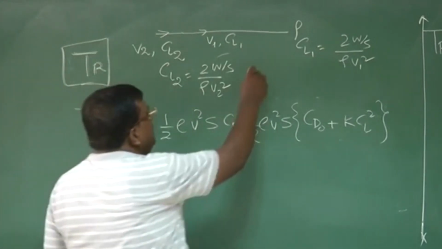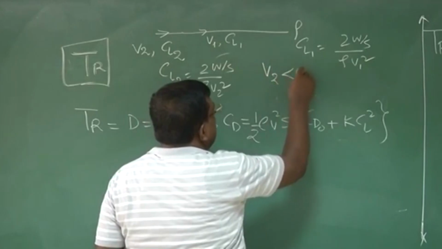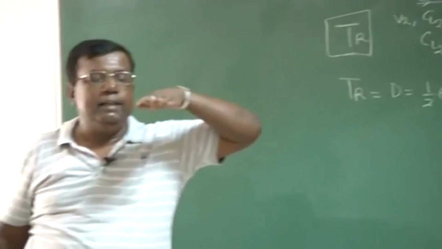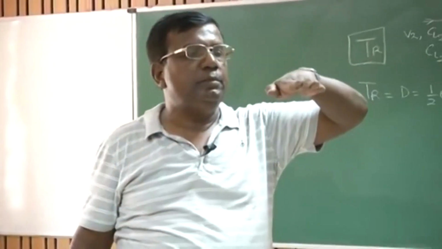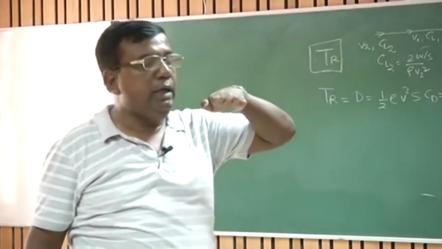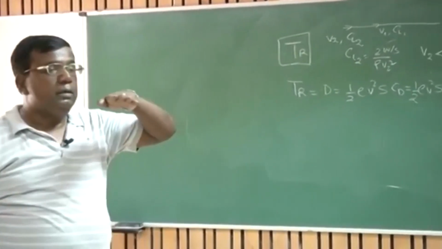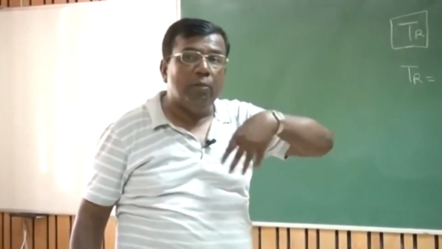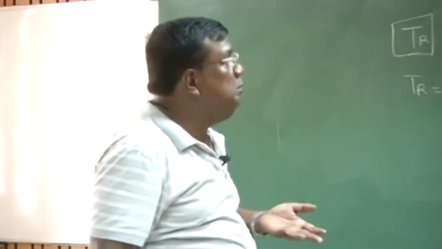If V2 is less than V1, that is, initially, let's say I am going at 80 meters per second at a height of 10 kilometers, I need a CL. Now, at the same height, I am flying at 70 meters per second, then the CL requirement will be more because I want to balance the weight.